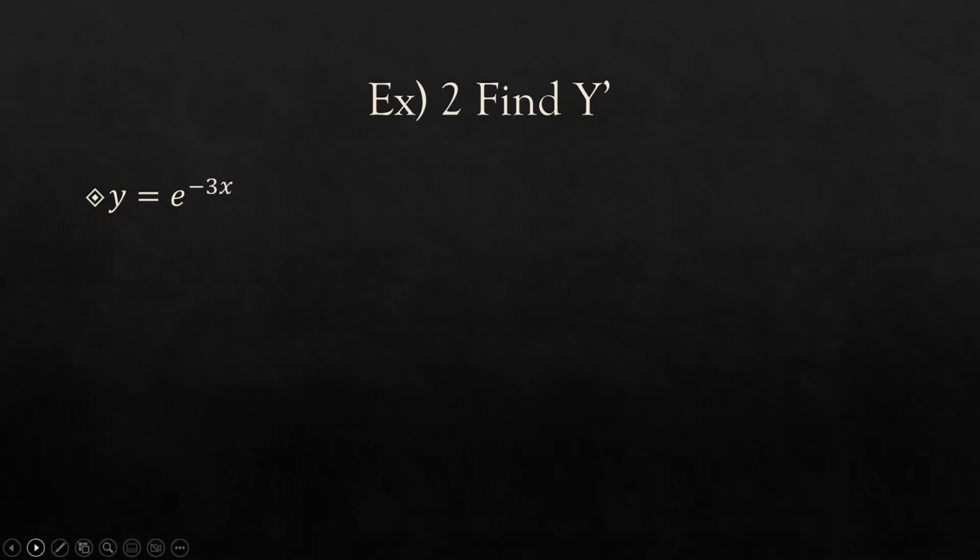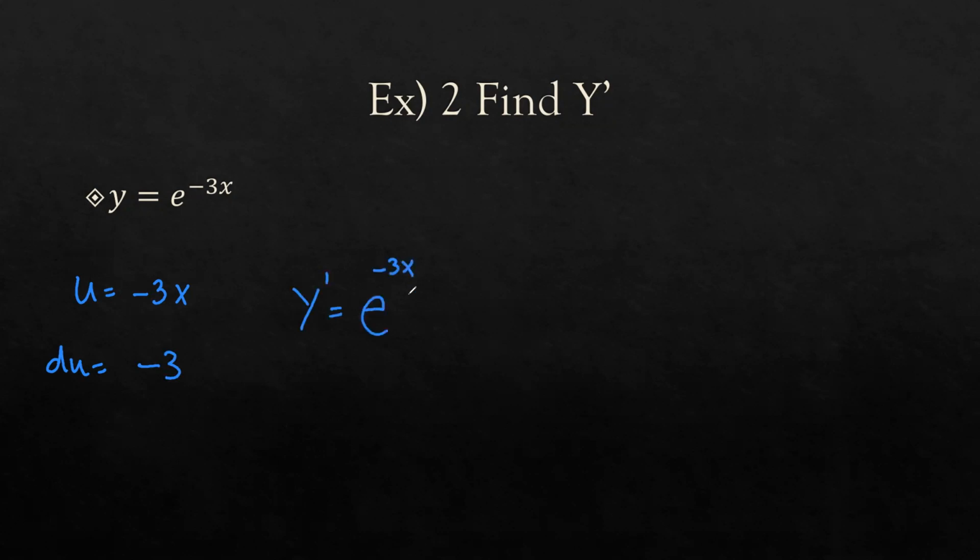Okay, let's do example 2. We have y equals e to the negative 3x. What's our u? Our u is negative 3x. And du is the derivative of negative 3x, which is negative 3. So y prime is e to the negative 3x times du, which is negative 3.